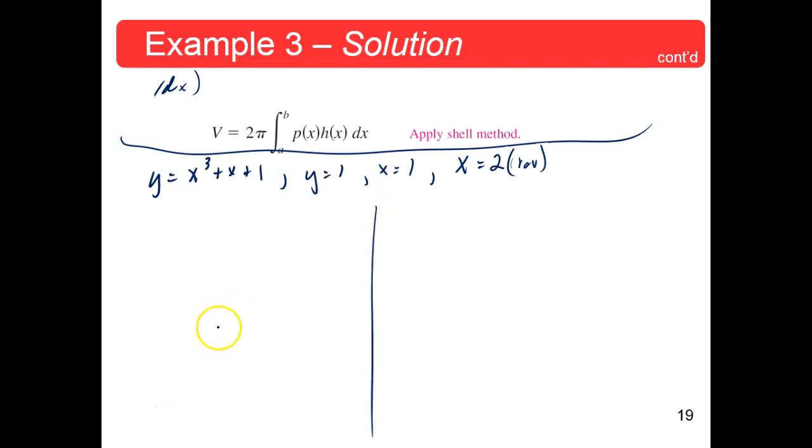Now, again, it's usually a good idea to draw your graph, or at least try to. I know we're doing a 1, 2, I'm going to go a 3, 4 here just in case we need it.